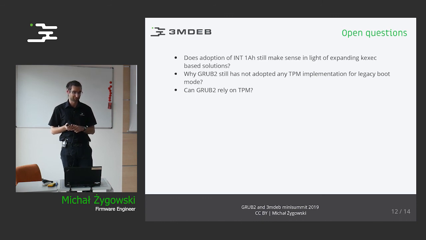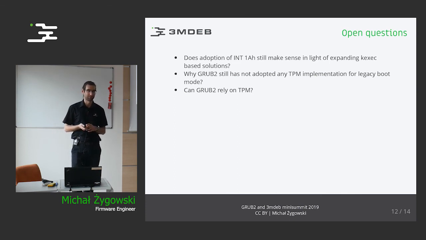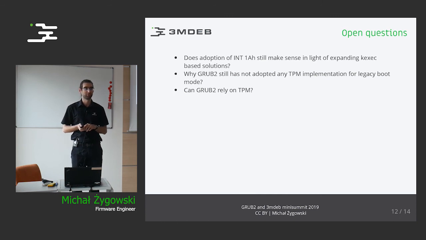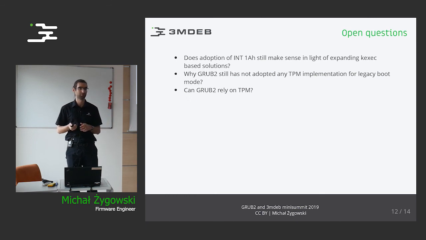Another question is why GRUB2 did not adopt the TPM implementation still, or there was no implementation of CSM or open source BIOS implementation that would expose this API. And another question is whether GRUB2 can rely on a TPM. For example, if we have a TPM present, whether we should enforce some measured boot mode.